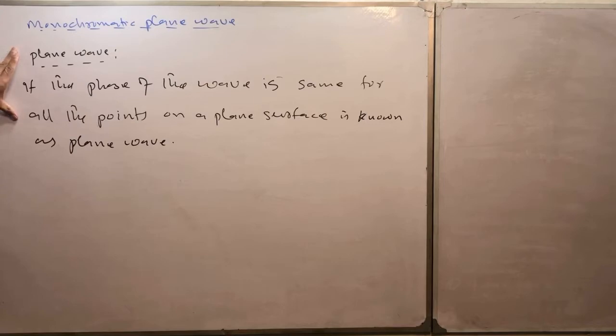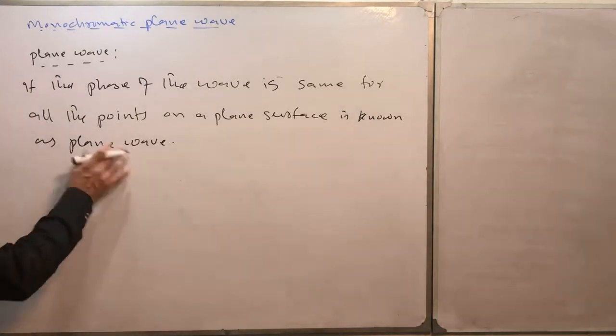What is a plane wave? I have written: if the phase of the wave is the same for all the points on a plane surface, it is known as a plane wave.